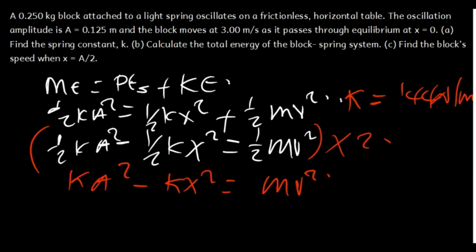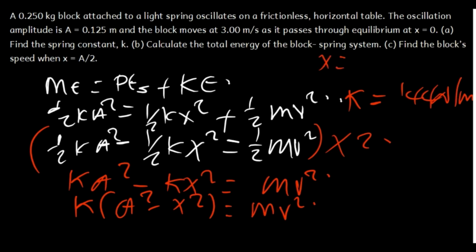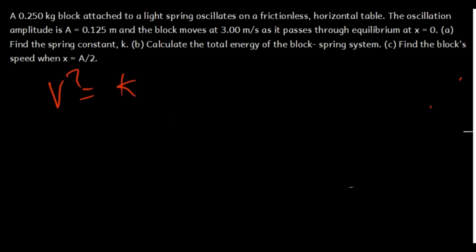Okay, what else? From here now, I want to make v the subject of the formula, but from here I can factor out a K. So K times open brackets A squared minus x squared has to be equal to mv squared. But remember, the question is saying where there is x, we put A over 2. So v squared is equal to K, then A squared minus x squared, over m.